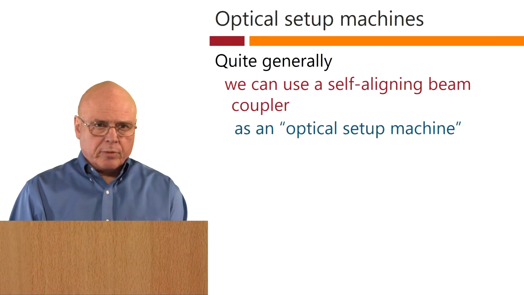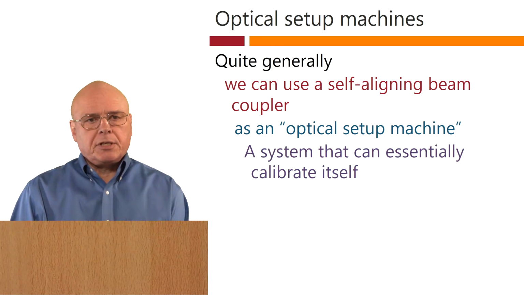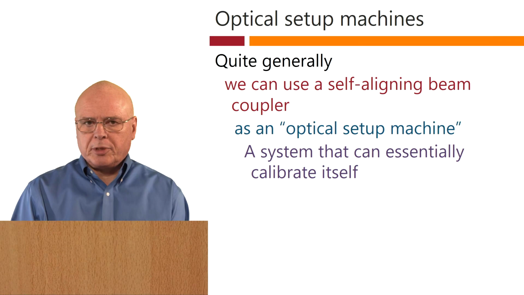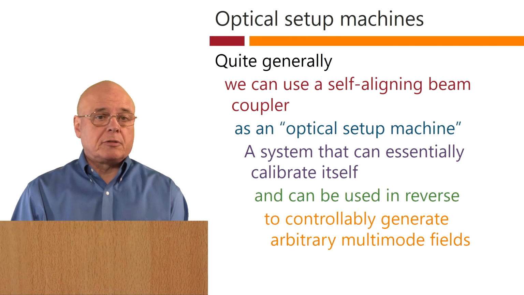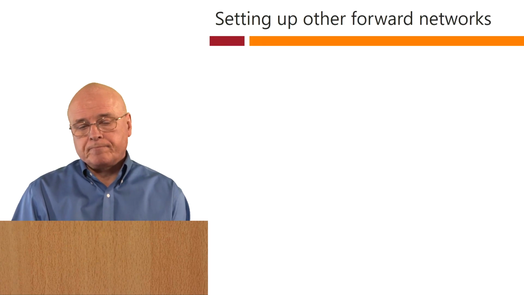Quite generally, we can use a self-aligning beam coupler as what we could call an optical setup machine. That is, a system that can essentially calibrate itself and can be used in reverse to controllably generate arbitrary multimode fields.